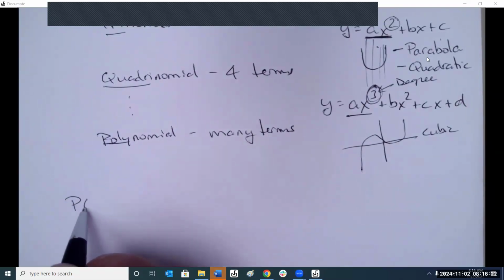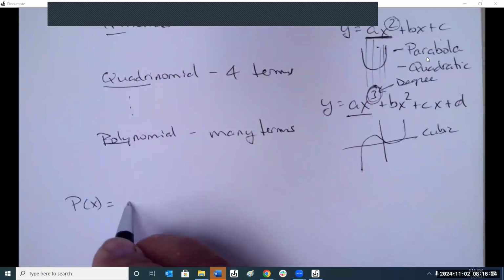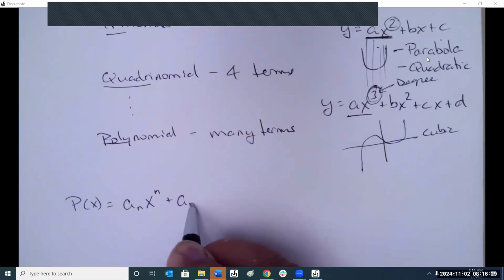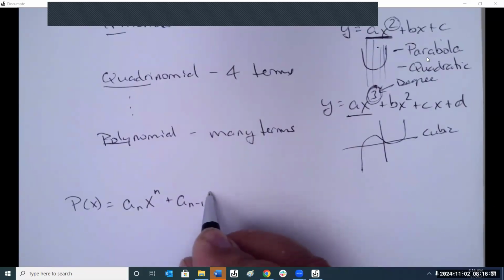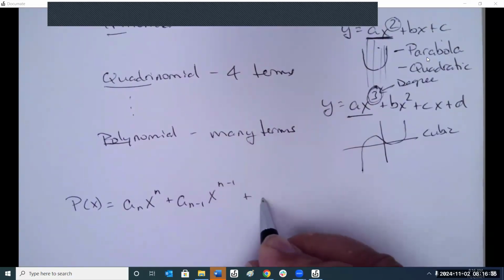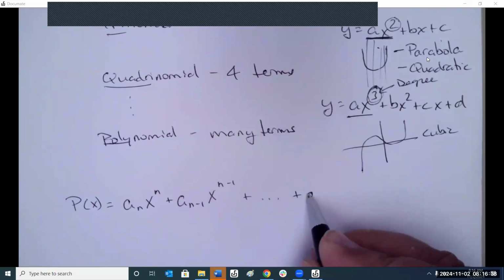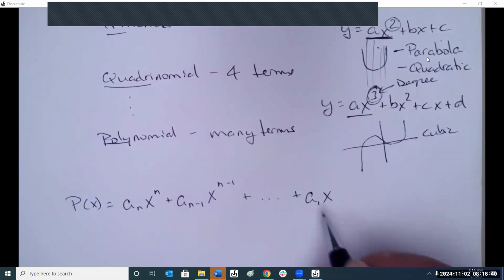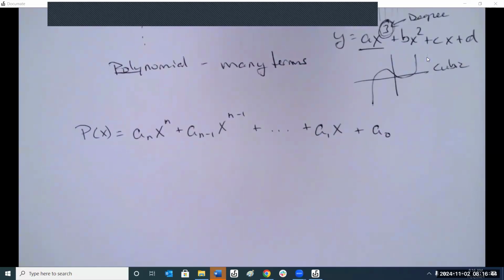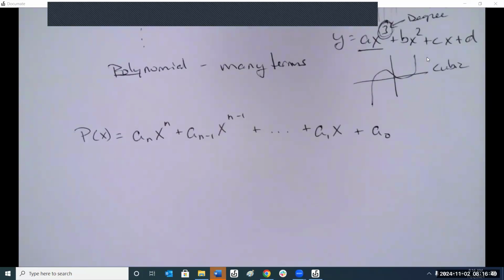So a polynomial looks like this. N number of terms.